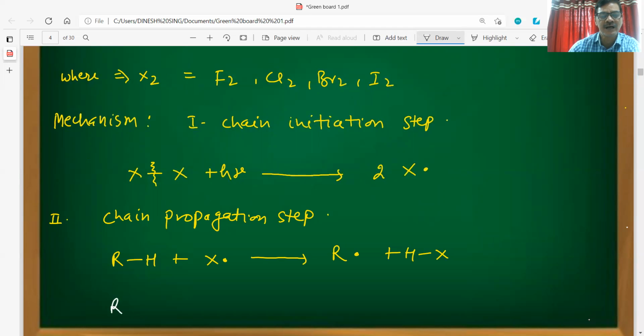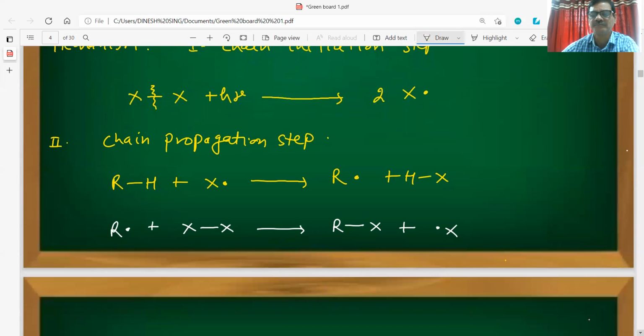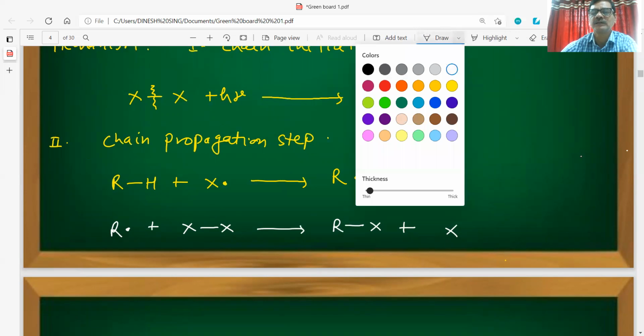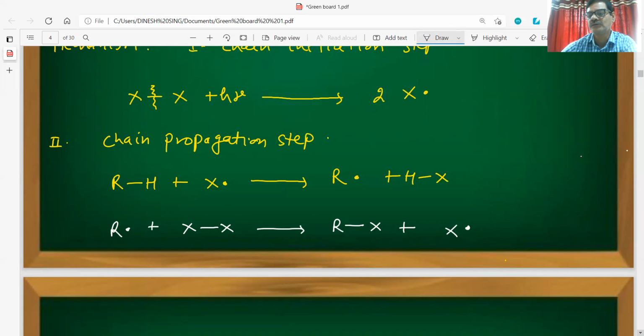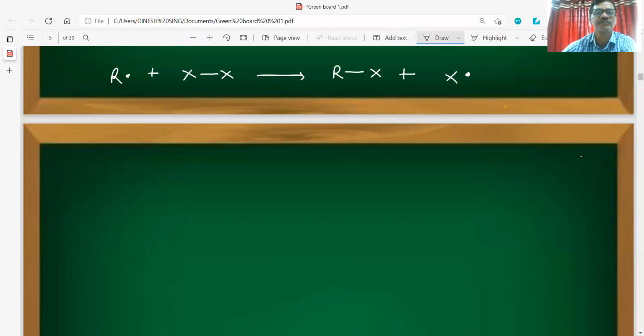Again, we can see this R dot plus another molecule of X2 will convert into RX plus X dot. So on both sides free radicals are present. So this is the chain propagation step.